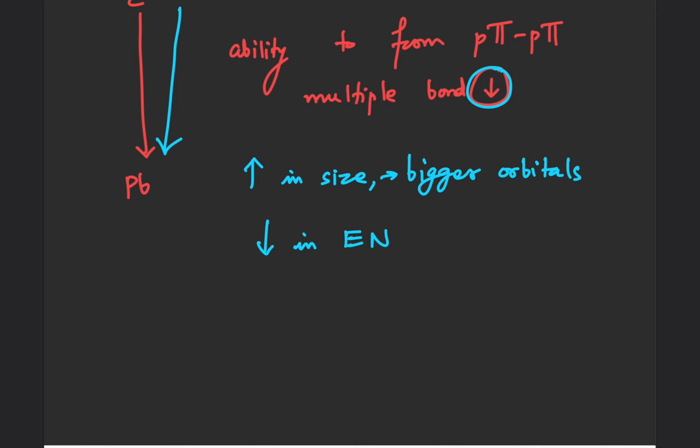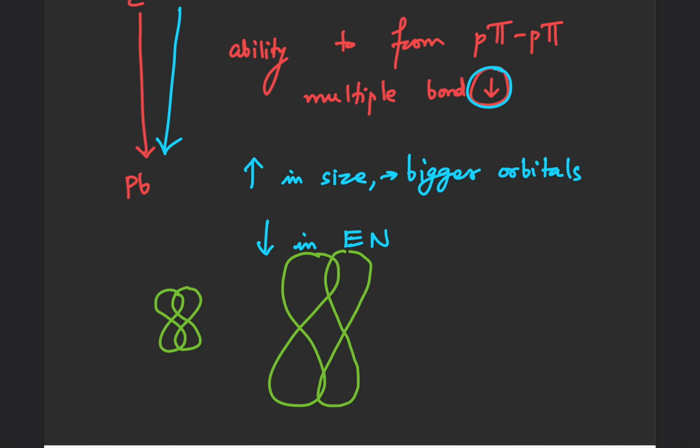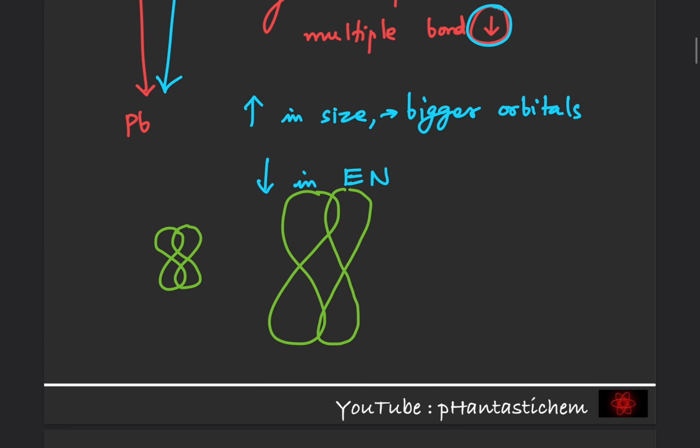For example, you can see in bigger orbitals, electron density is spread out over a larger volume, which prevents the electron from concentrating in the tiny overlapping region between the two atomic nuclei, and hence they overlap less effectively.